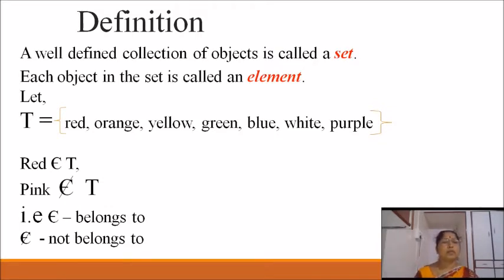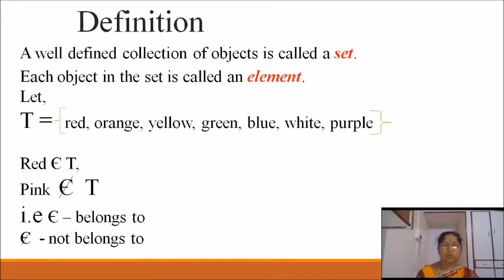Red belongs to T. Since red is an element of T, we can say that red belongs to T. But the pink color is not there. Therefore, we can write it as pink does not belong to T. That is, the first sign denotes belongs to and the second notation denotes does not belong to.